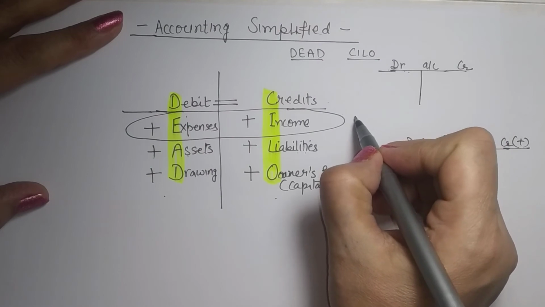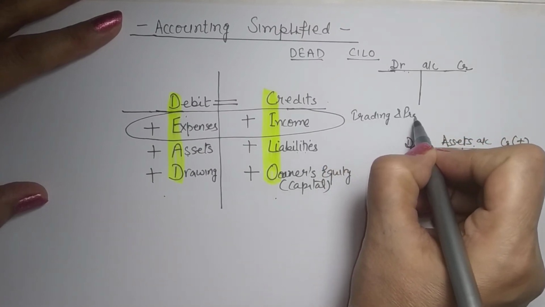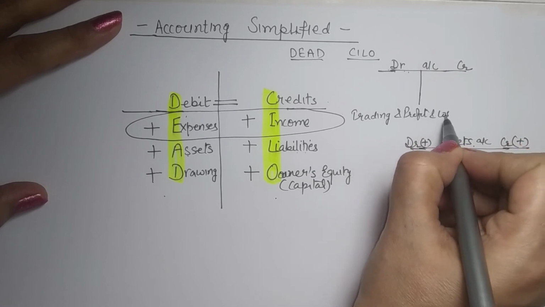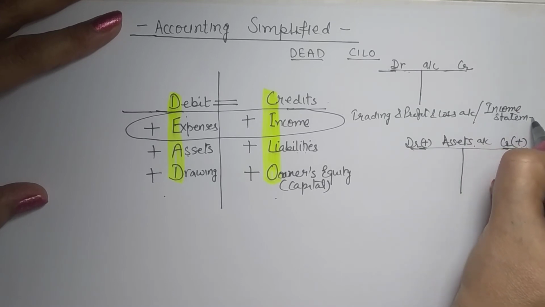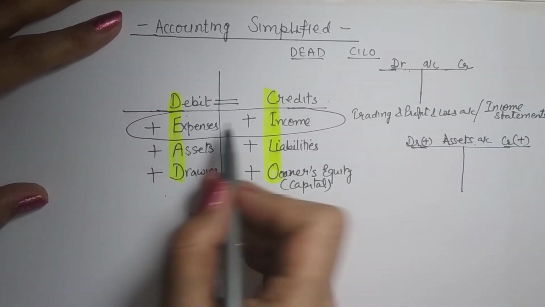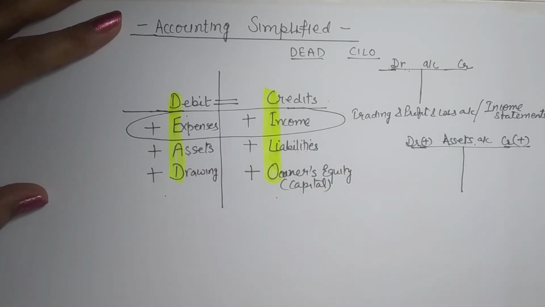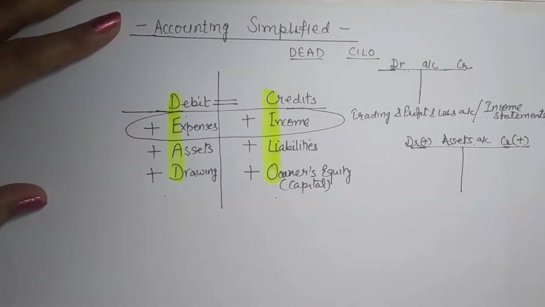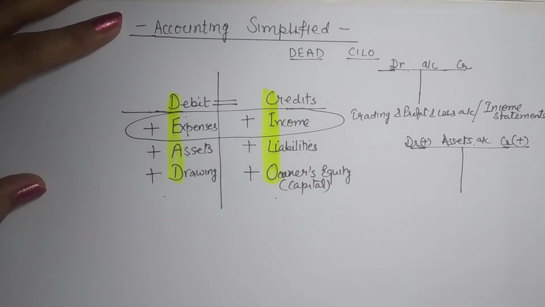That is done through a statement of trading and profit and loss account, also called the income statement, right? At the end of the year, these accounts are matched against each other and we calculate income. That may be a profit. If your income is more, you get profit. This is very logical, right? And if you have more expenses, then the difference is your loss.